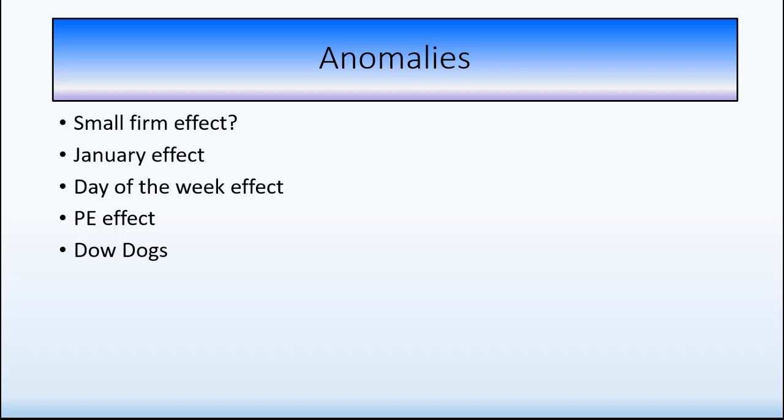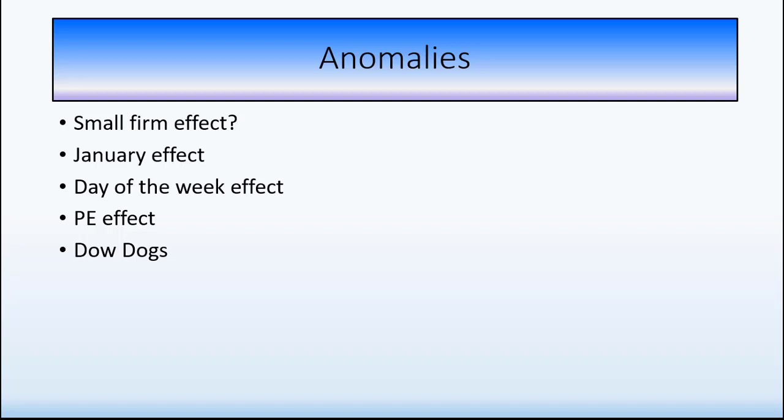That's an interesting thing because everybody has PE ratios available to them. So go back to the concept of market efficiency: do you have any special information? Do you have special information about the small firm effect, that firms are small? No, everybody knows which firms are small. What about the January effect? Everybody knows when January is. What about the day of the week? Everybody knows that.